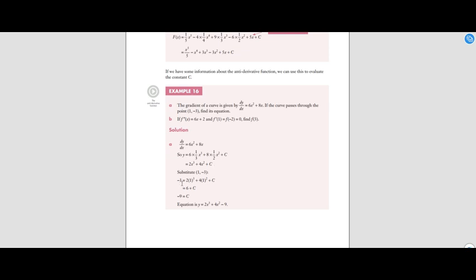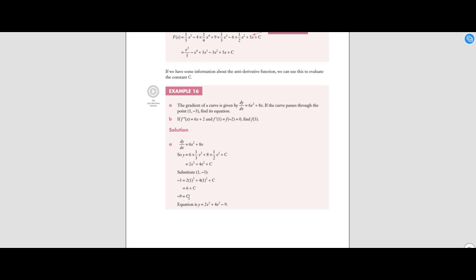Then they're saying the curve passes through the point (1, -3), find the equation. So all you need to do is substitute y with -3 and x with 1. Then you have c equal to -9.